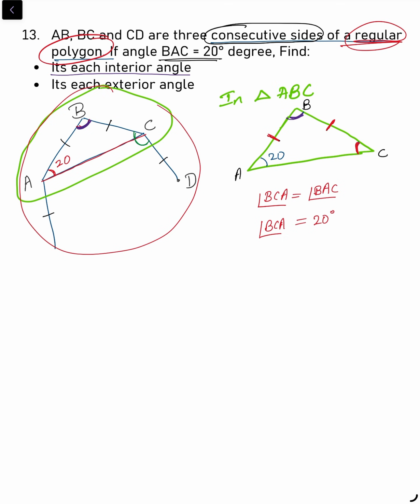So here we get the second angle of this triangle, and obviously we can find angle B. How do we find angle B now? You know the sum of the interior angles of a triangle is 180.